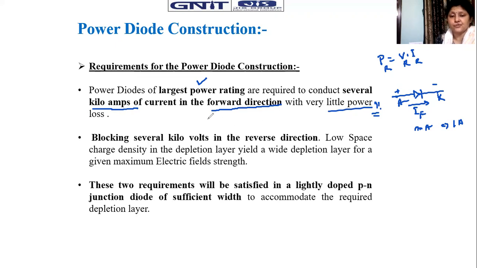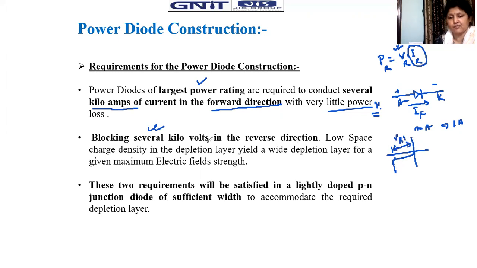And it is not only a requirement that the current rating should be high, but the voltage rating should be high as well. While it is blocking the voltage, we are basically considering the reverse bias regime. Before breakdown, whatever voltage it is blocking is called the blocking voltage.